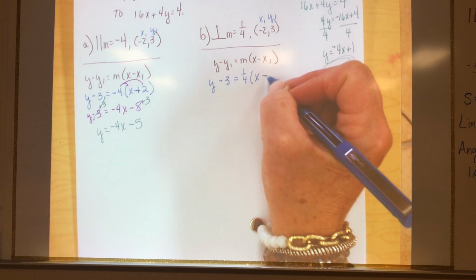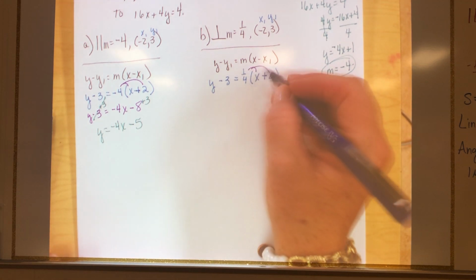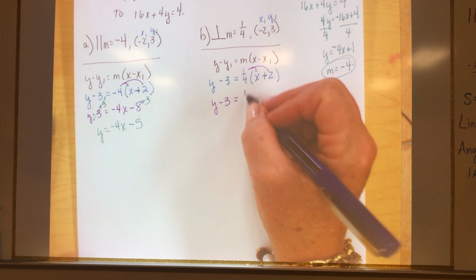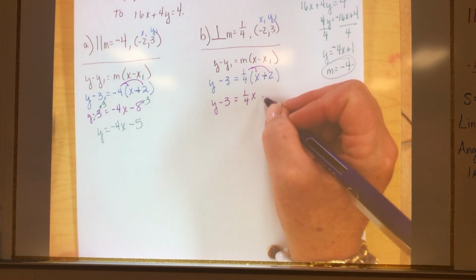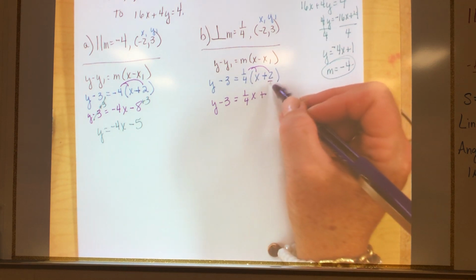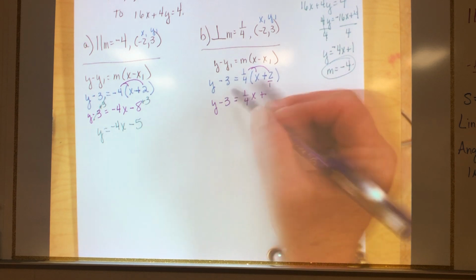X minus a negative 2 becomes a plus 2. Distribute. Y minus 3 is equal to 1/4 x plus, look, we're going to multiply like this.